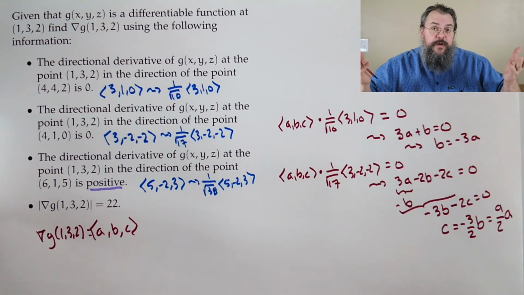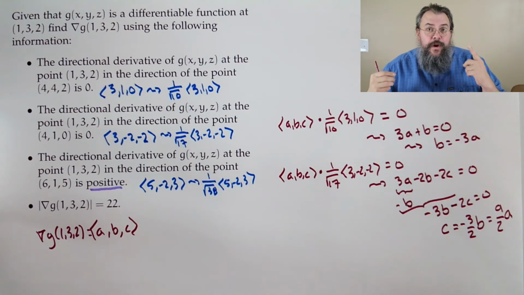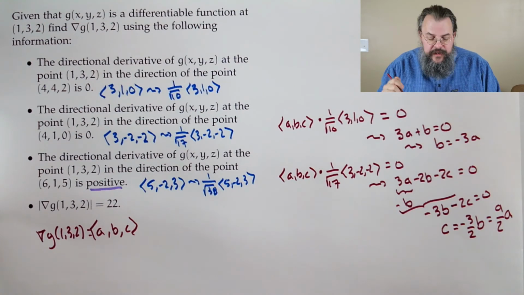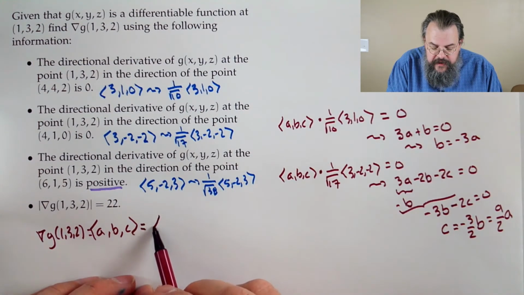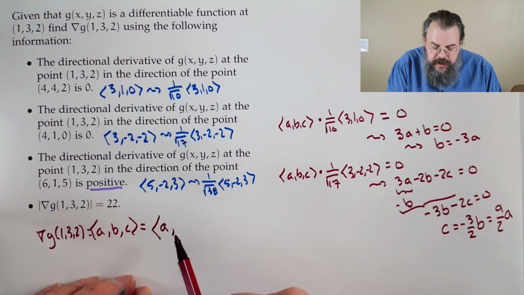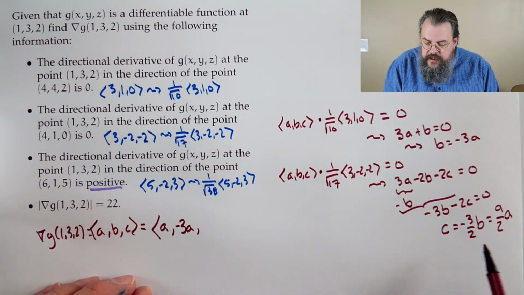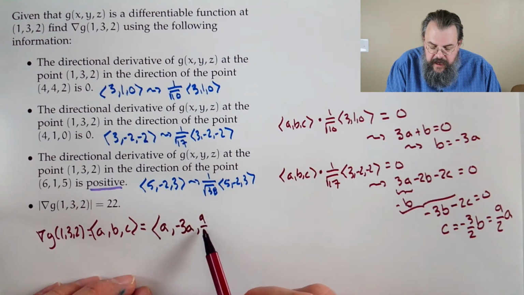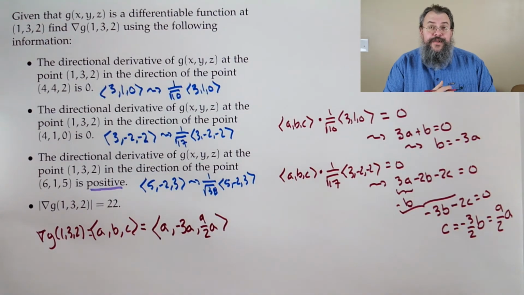So since we've used 2 facts, it's not surprising we've been able to knock it down to just one thing left to figure out. In particular, we can write our vector in the form: some number a, then b is minus 3a, and then c is 9 halves times a. The only thing left for us to do is figure out a.